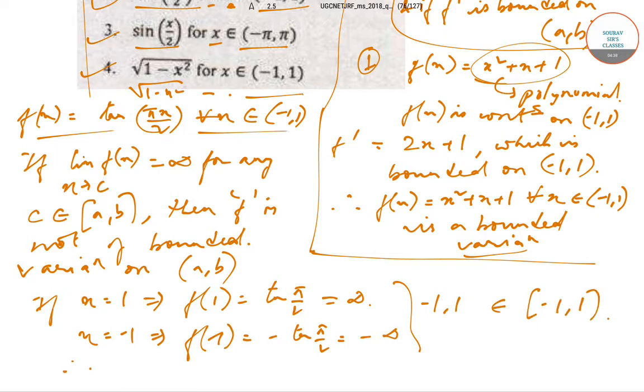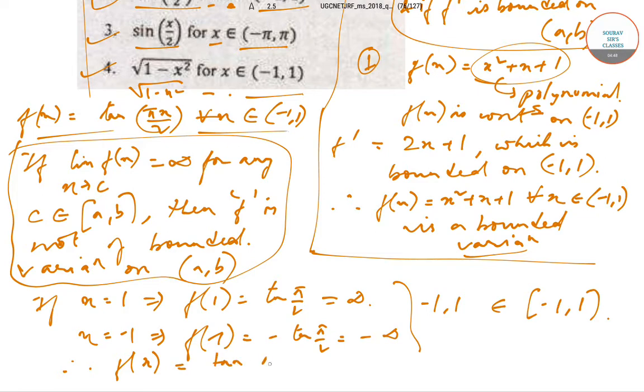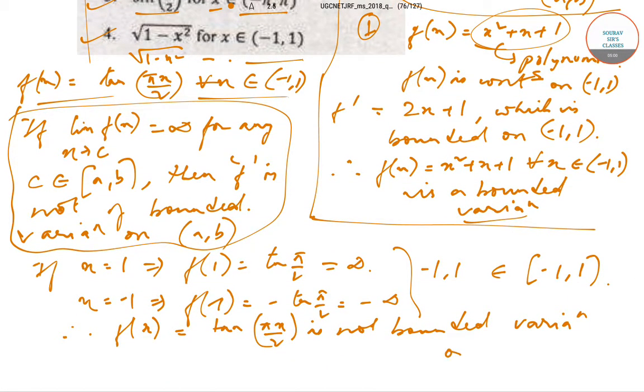So by using the condition that we have already mentioned, we can say that f of x equal to tan of pi x by 2 is not of bounded variation on the open interval minus 1 to 1. So therefore option 2 is false. Okay, so this is for option 2.